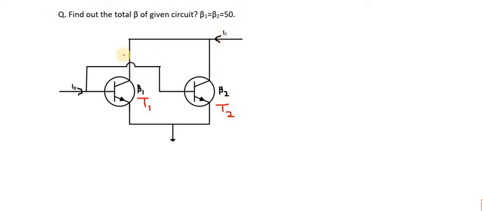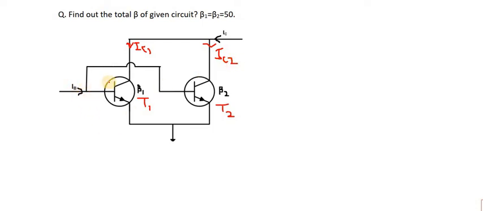Now IC is the total current flowing in both the transistors. Similarly, IB is also the total current going into the base of both the transistors. Here I am assuming that in this transistor the collector current is IC1. Similarly here I am assuming the collector current is IC2.